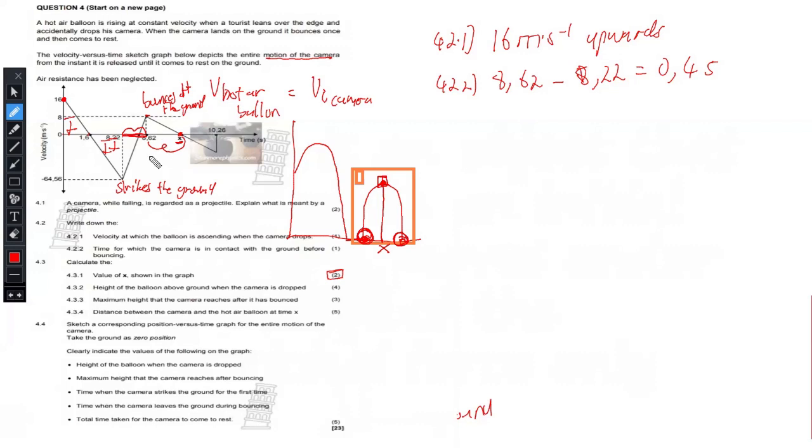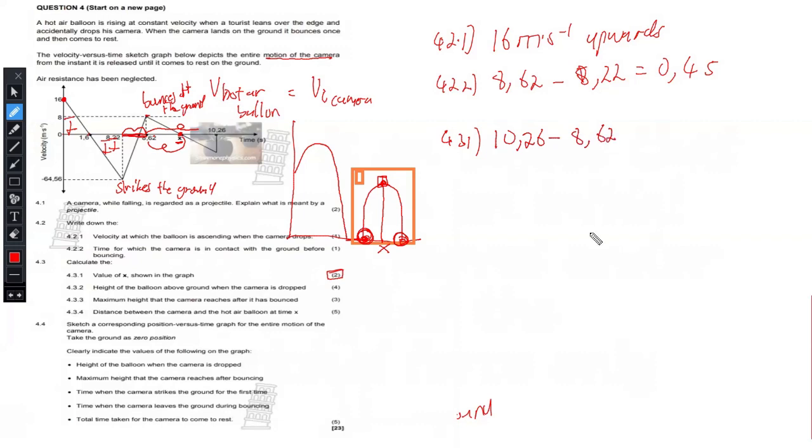So let's just subtract to find the time it takes to move from this point, bounce off the ground all the way to the maximum height and back to the ground. We can start by taking the 10.26 and subtracting the 8.62.